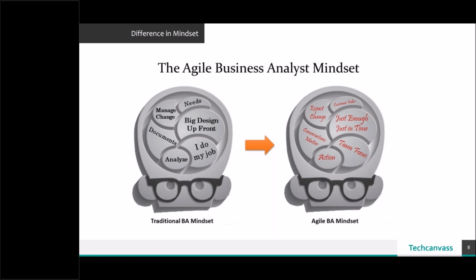So the focus is on the customer value, and the agile business analyst is always open to change. He knows that my sprint is set, but if there is a change which my product manager or the business needs, and if the value is justified and the customer wants it, we can definitely try and accommodate that change in the sprint.